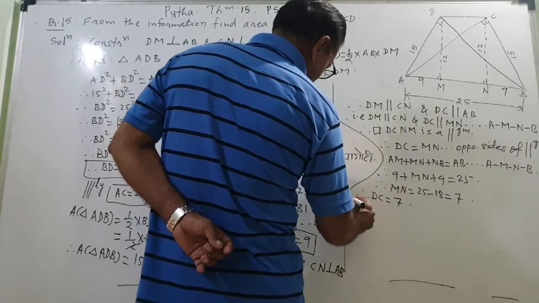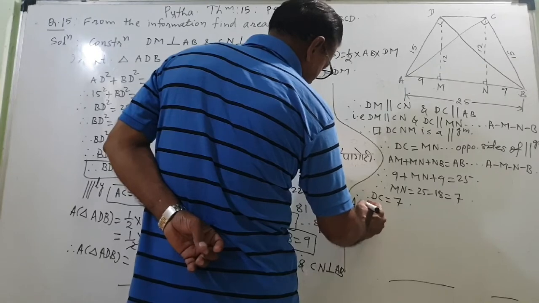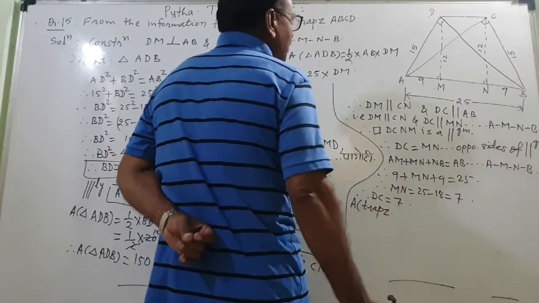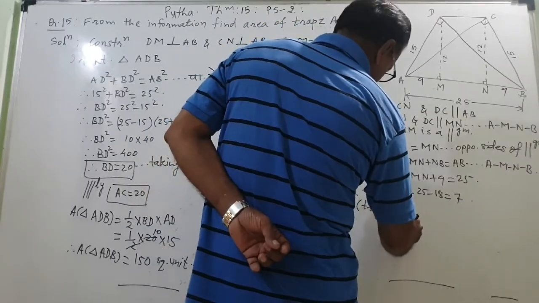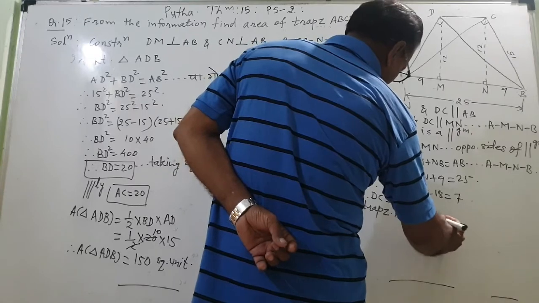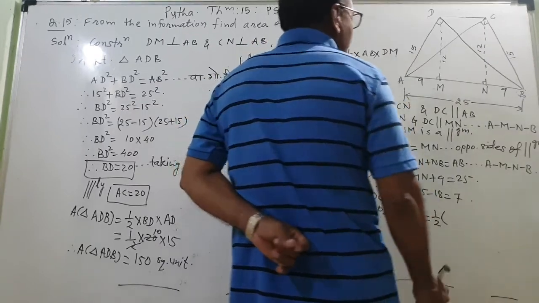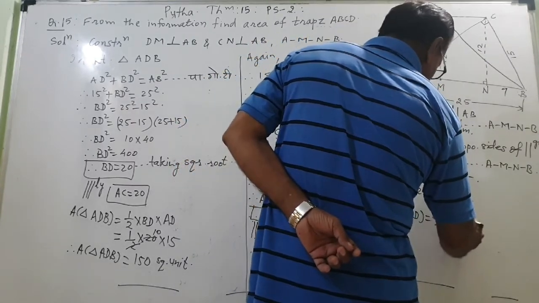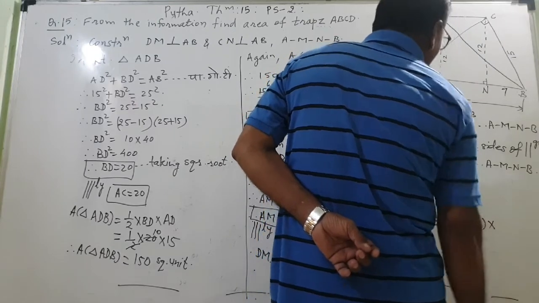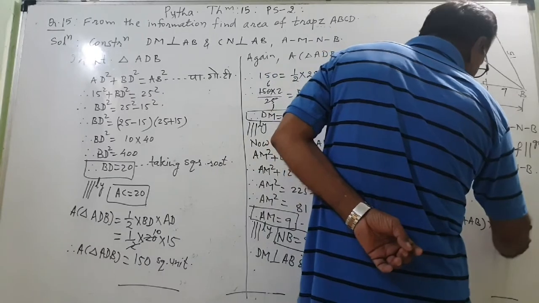Area trapezium ABCD is equal to 1 upon 2 into DC plus AB, sum of the parallel sides, into height is DM.